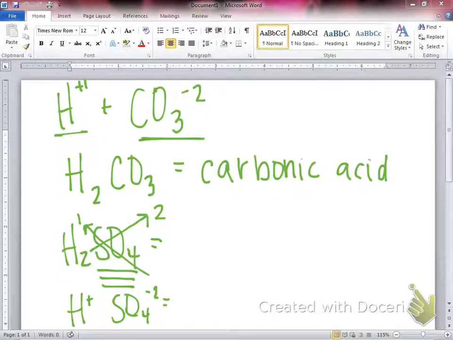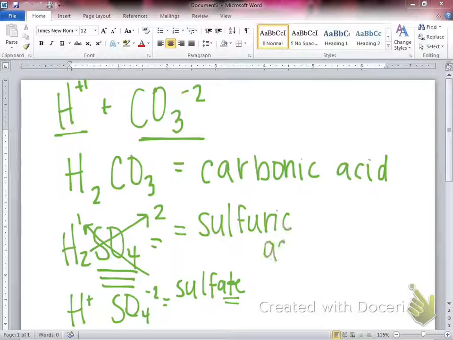We know that this is sulfate, and since our polyatomic ion ends in ate, we're going to call this acid sulfuric acid. Good. Sulfuric acid. So picking out that polyatomic ion from the acid is the most difficult part here. Can you pick out the polyatomic ion, and then decide what does it end with? And then that'll give you the clue for how to name it.